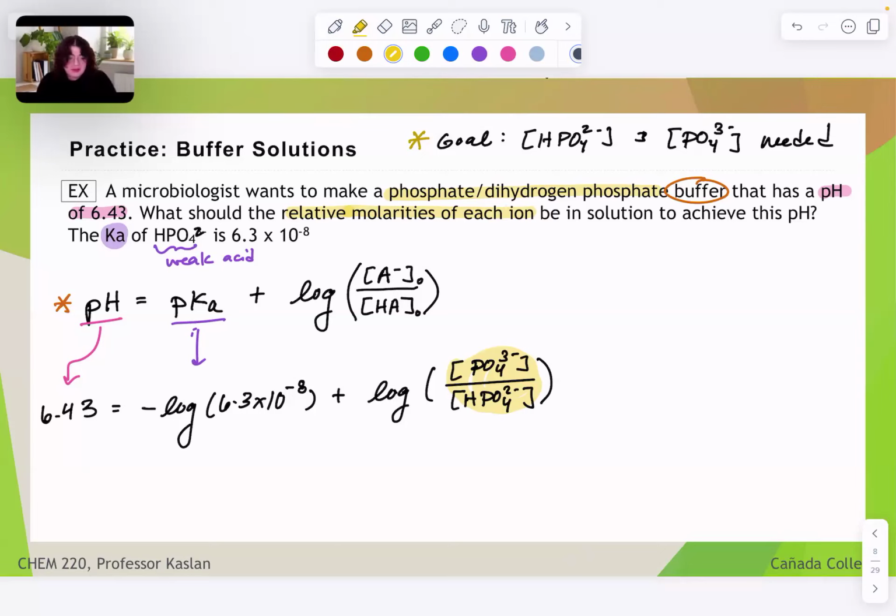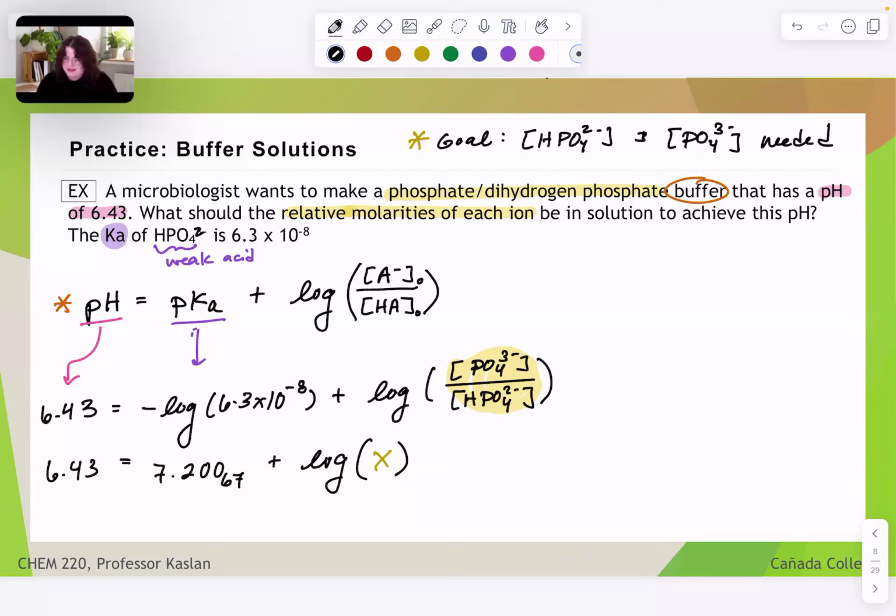So let's find our pKa. That is going to be negative log base 10 of our Ka, which is 6.3 times 10 to the negative 8. So I have 6.43 pH is equal to 7.20067 plus log of, let's just go ahead and call this x. All right, I need to solve for what's inside the log.